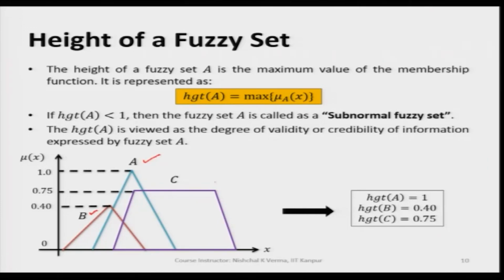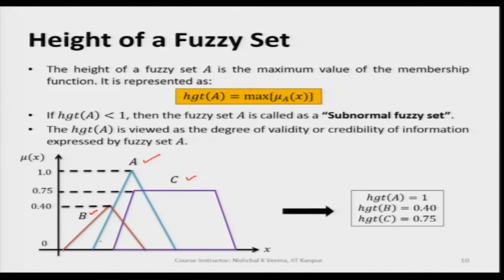This is fuzzy set B, this is fuzzy set C. A is represented by the blue line, B is represented by the red color, and C is represented by the violet color. If we talk of A, we clearly see that the highest value of membership goes till 1.